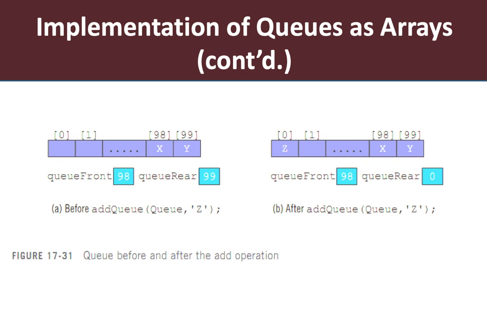In figure A, after the operation add Q, Z, the queue turns into figure B. Because we are towards the end of the array and it's circular, the next logical available place is here, and that's why the Z is getting added over there. That's all because the array containing the queue is circular.